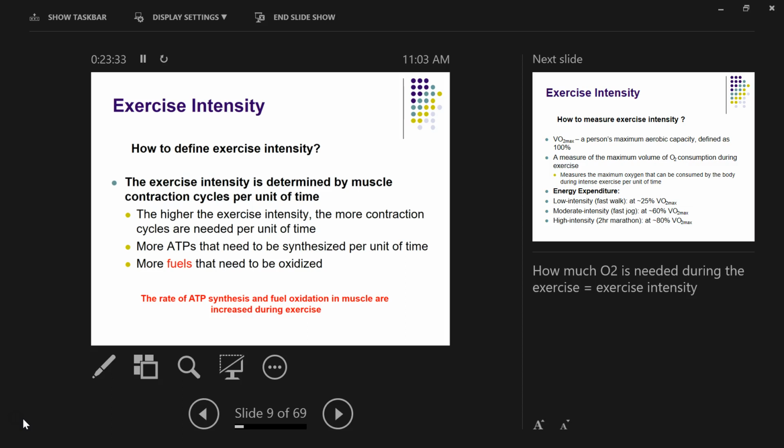And usually, in general, the rate of ATP synthesis and fuel utilization, oxidation in muscle is increased during exercise. If you compare the beginning to the middle stage and later stage of exercise, here I'm talking about aerobic exercise like a marathon, right? So the ATP production or energy oxidation will be gradually increased from the beginning to the later stage of exercise.